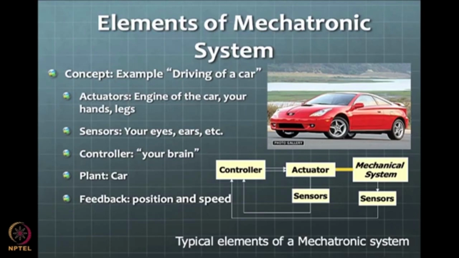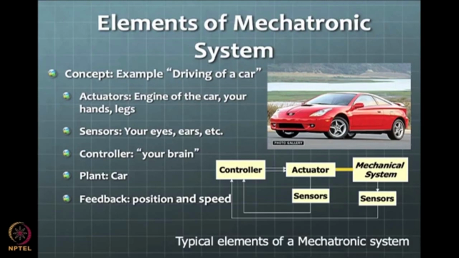That is the controller acting in your head, and it gives a command to your actuators, which are hands and legs, to make sure that the curve is negotiated properly. This is how things happen when we see ourselves as a part of some mechatronic system.